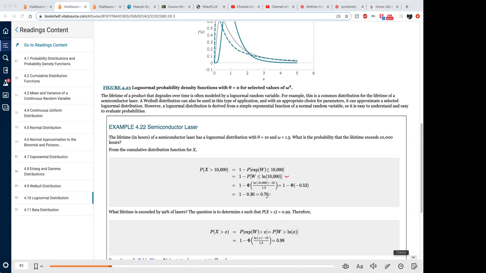Next, what lifetime is exceeded by 99% of lasers? You can see that the probability is given and we need to determine x.